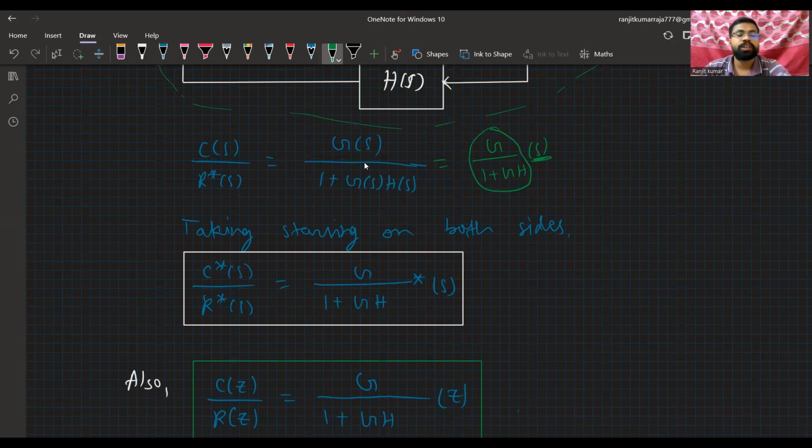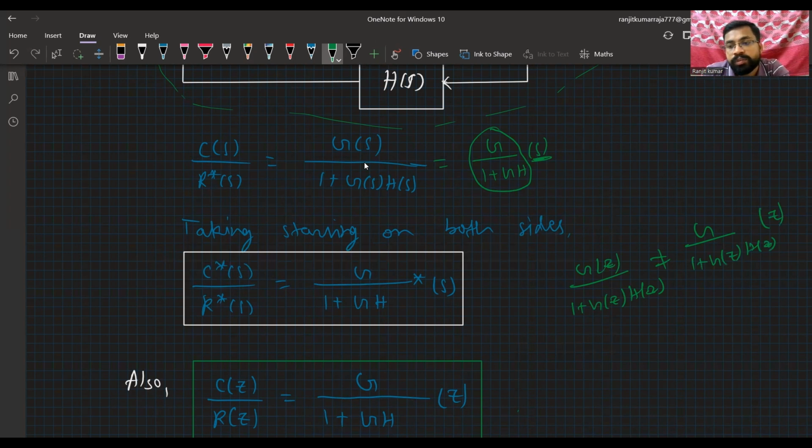After that, with the Z transform, you will get this value. And always remember, G of Z divided by 1 plus G of Z H of Z is not equal to G divided by 1 plus G H of Z.